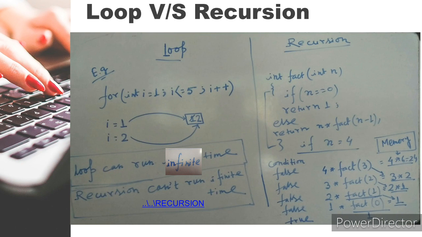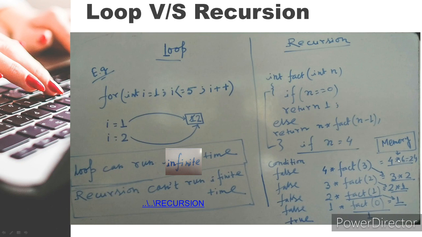In this way, when it calls itself for 3, 3 also waits for the result of fact 2. When it is called for 2, 2 also waits for fact 1. 1 also waits for the result of fact 0. But when n became 0, this method will return 1.